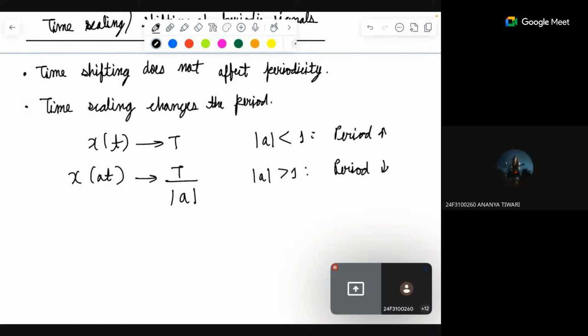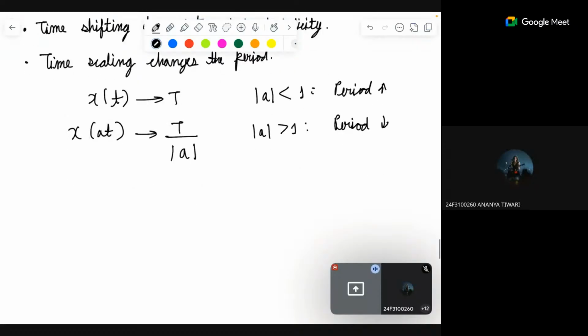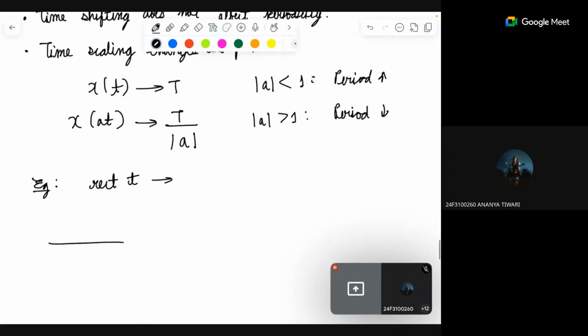Is that fine? Yes, ma'am. Okay, now I will give you a signal, and you have to tell me whether it is periodic or aperiodic. Rect t, is it periodic or aperiodic? Aperiodic. Yes, this is my rect t. It is 1 between minus half and half, and outside it is 0. So it does not repeat, so it is aperiodic.